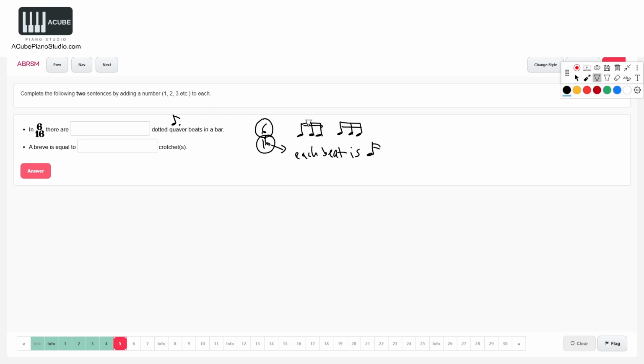And 3 semiquavers is equal to a dotted quaver. So in other words, there are 2 dotted quaver beats in a bar. Next, a breve. So a breve is this, and it is equal to 8 crochet beats.